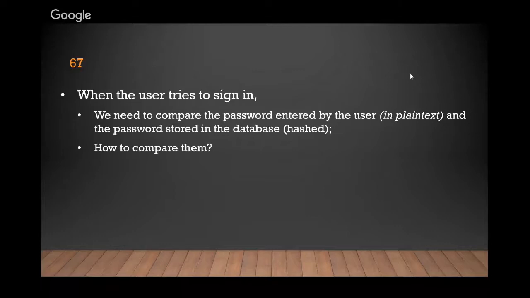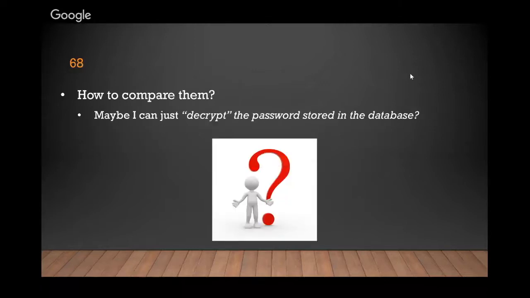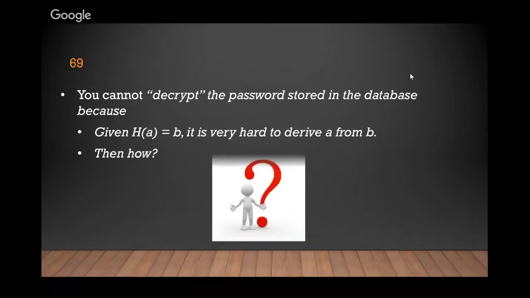But when we hash, you cannot decrypt it from the hash text. You can only hash the plain text again to get the ciphertext. So given B, it's hard to derive A.